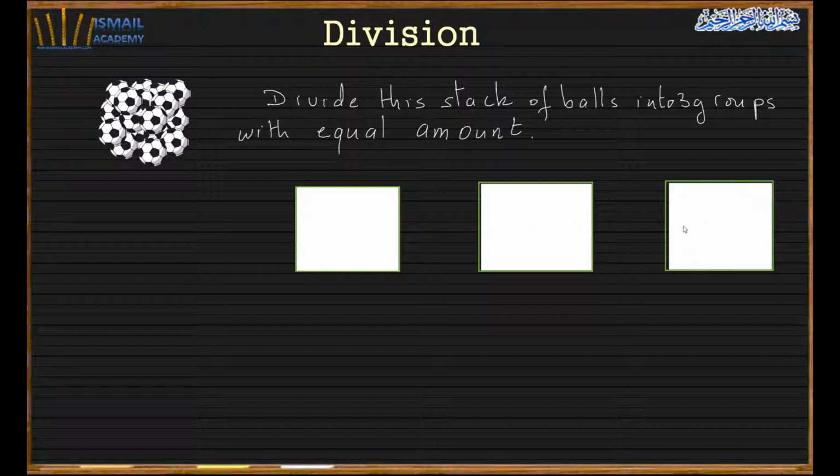After I reduce, I check if I still have more than three balls. If it's true, then I reduce another three balls and put those balls into the boxes. Then I check, do I still have more than three balls? If so, I reduce and put each ball in a box, and I do the same process until the number of balls is less than three, or there is no more ball left.